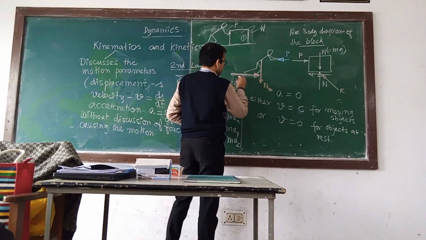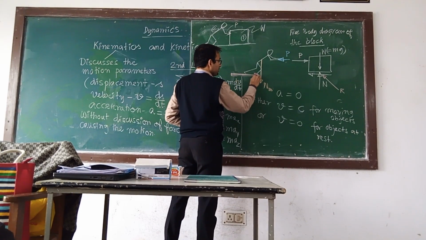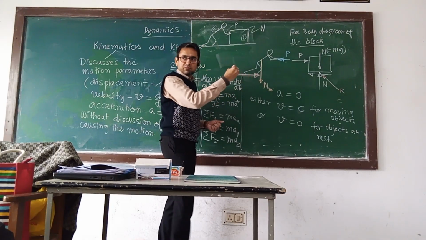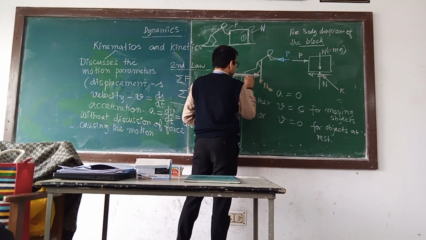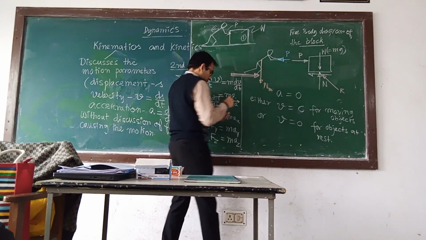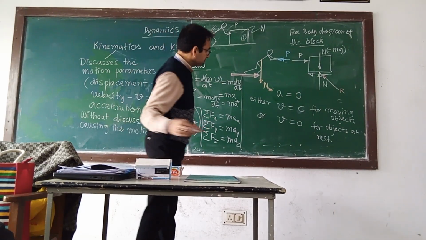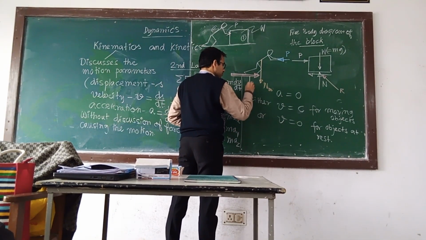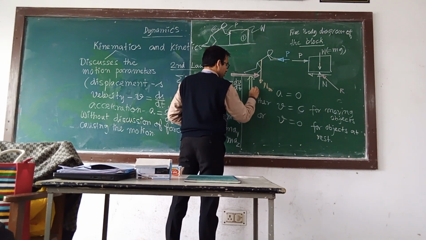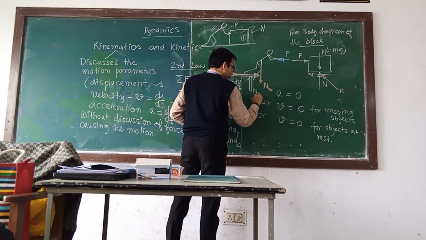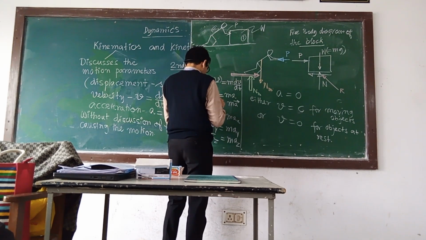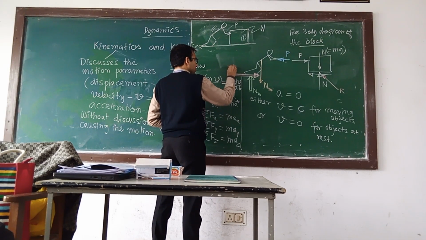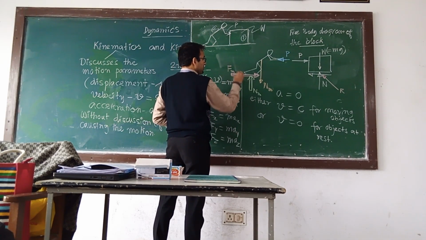There will be a normal reaction and this is the friction. So this is the normal reaction, say N on man, and this is the friction by the floor on the man.